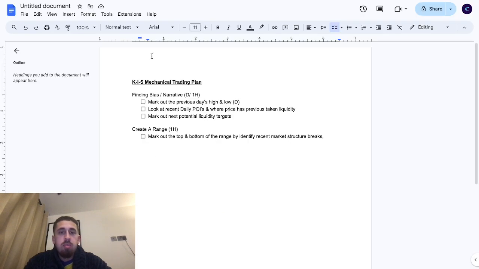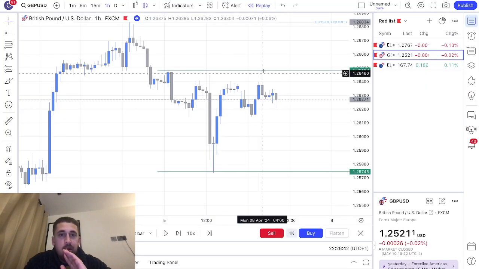Mark out the top and the bottom of the range by identifying the most recent market structure breaks.